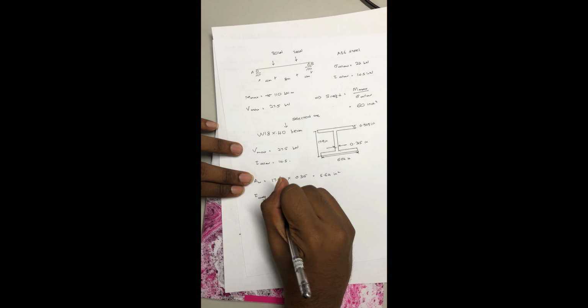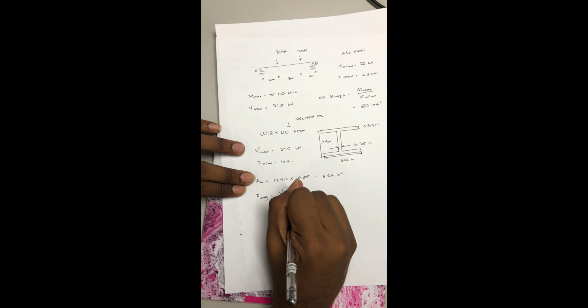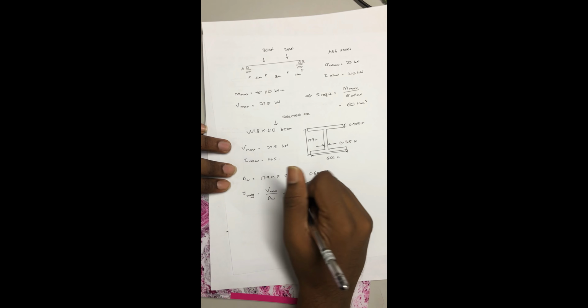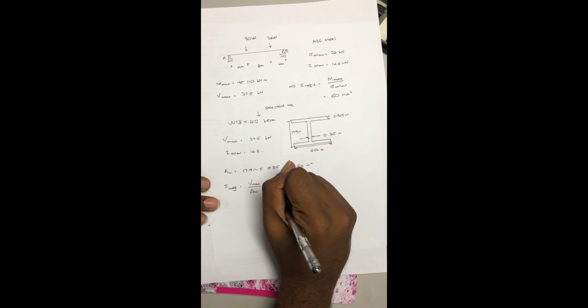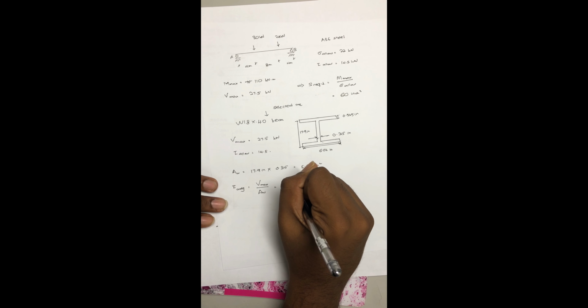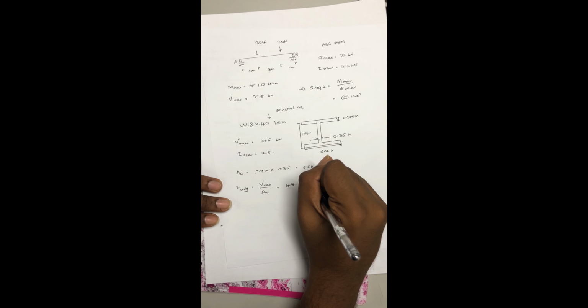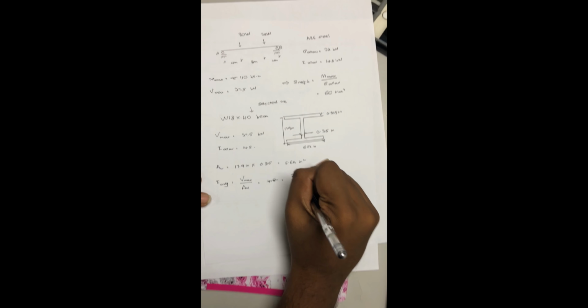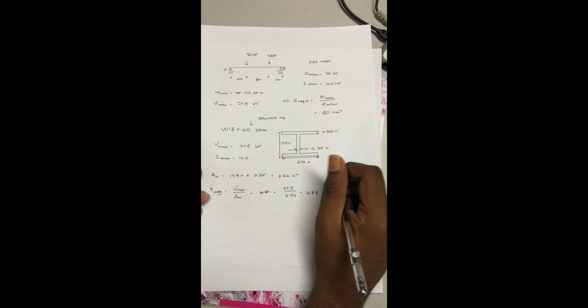So the maximum shear will be divided by the area, and we'll get the average shear which is exerted on the beam, which is 27.5 divided by 5.64, equal to 4.88.